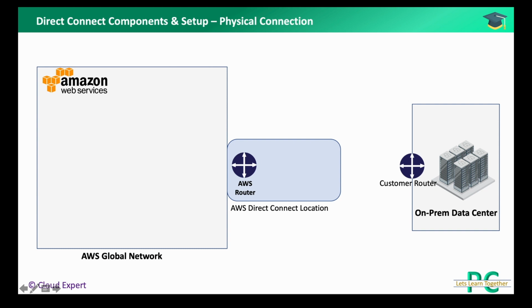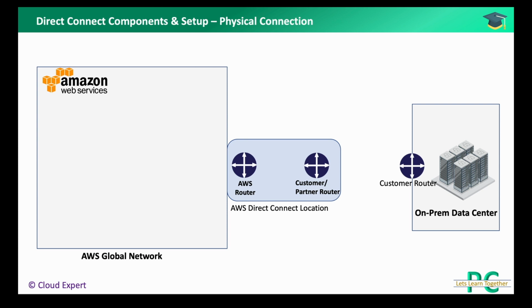Now, if you are fortunate enough to have your data center close to that AWS Direct Connect location, then it's easy. You can directly connect. Or else you have to get in touch with some AWS Direct Connect partners. There are many Direct Connect partners who will help you establish that connection.